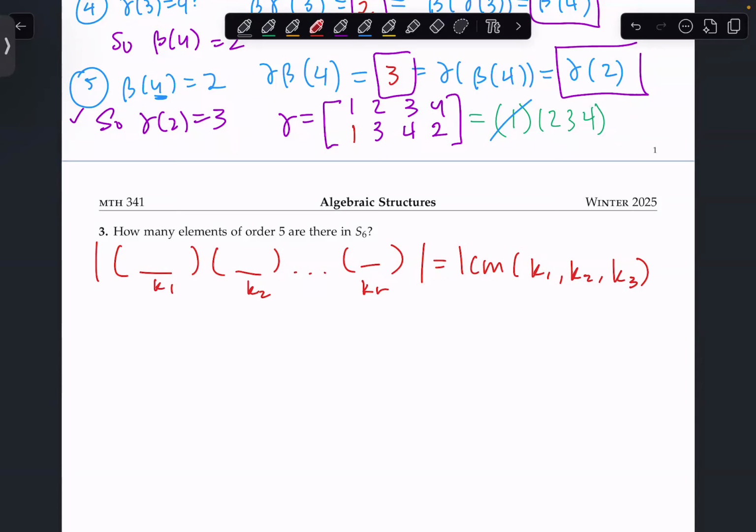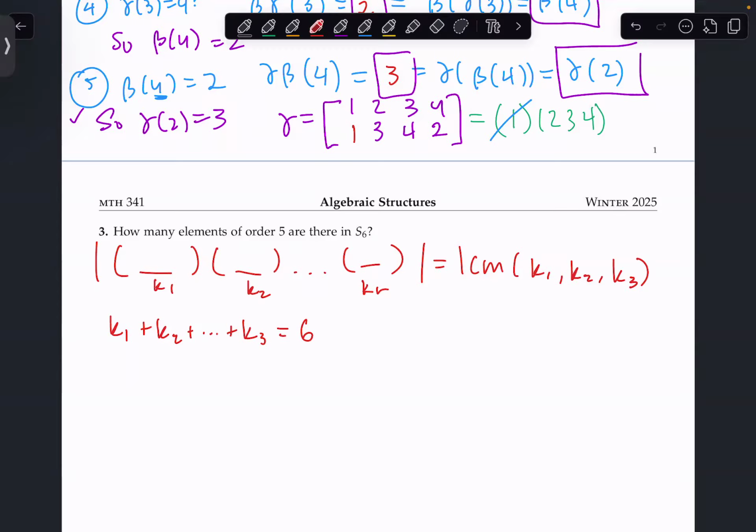What do I know? It has to add up to that 6 because I'm going to write all of them, even the fixed ones that just have a 1 showing up. So I have the sum of all these numbers. So they're K1 plus K2 all the way down to KR, giving back 6. This is how I figured out all of my structure types inside of S6.